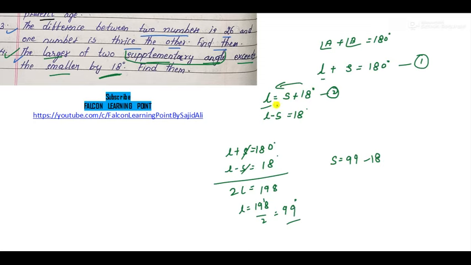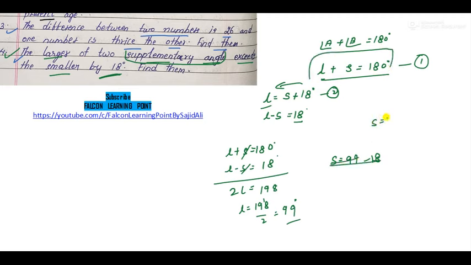Am I right? Sorry, I think I have done some mistake. Let me check. L minus 18, correct. So L is 99, correct. So S will be how much? You have to substitute here, right?